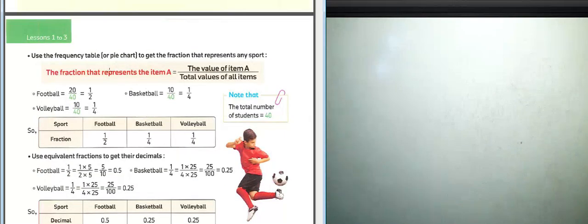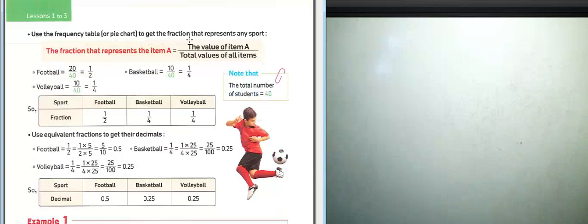Use the frequency table or pie chart to get the fractions that represent each sport. The fraction that represents an item is the value of item A divided by the total of the values. If you want to find the fraction, such as football, 20 students like football out of 40, so the ratio will be 1/2, and basketball was 10/40, the result will be 1/4.